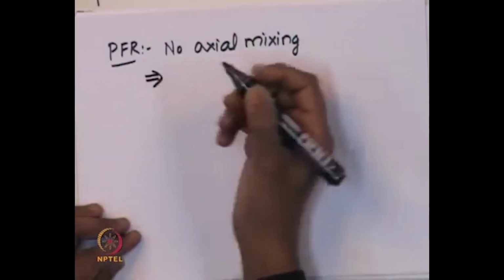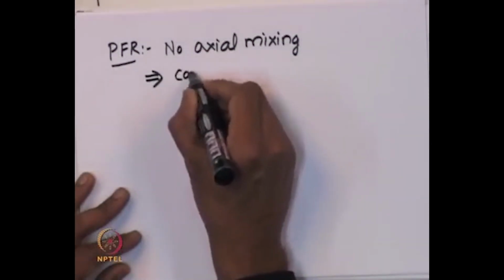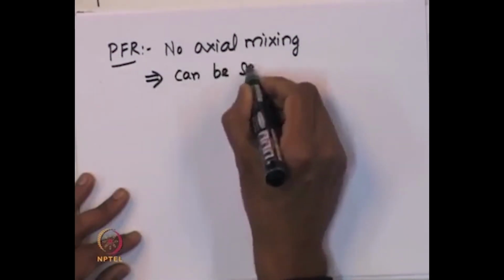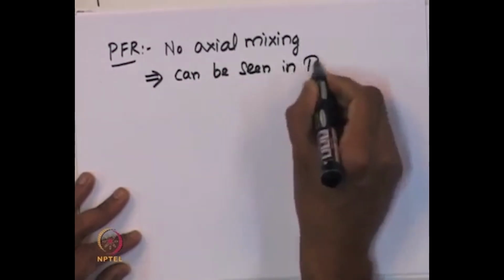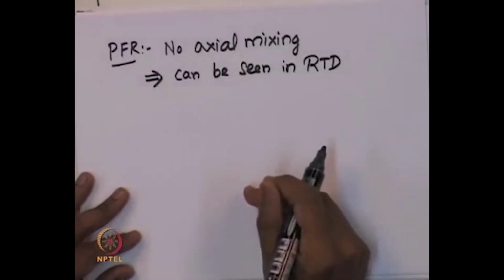This behavior of no axial mixing can be seen in the residence time distribution, and it will be shown in a future lecture that it can be deciphered from the residence time distribution curve itself.